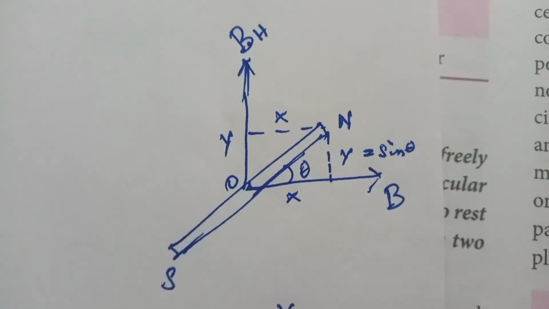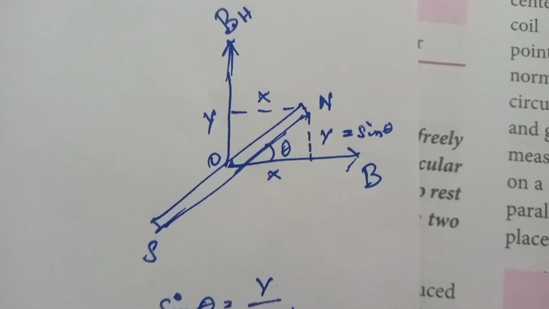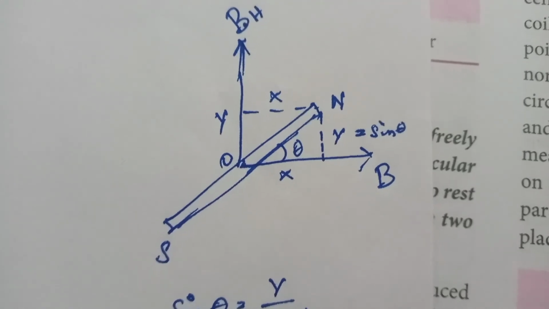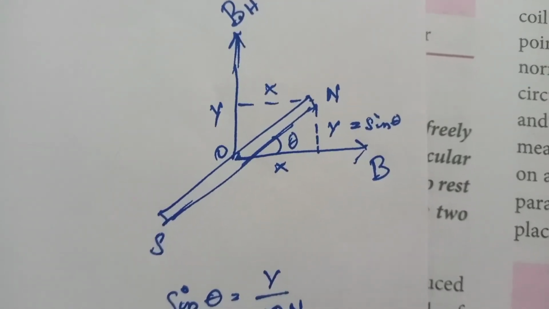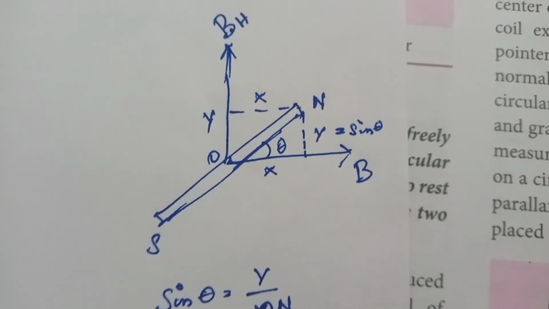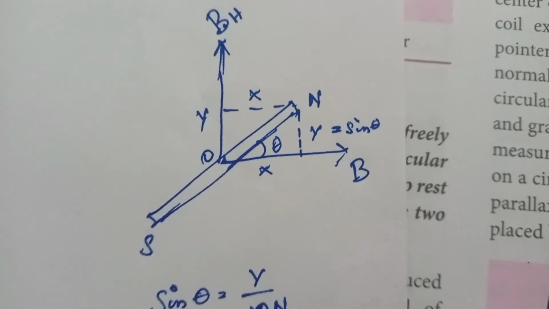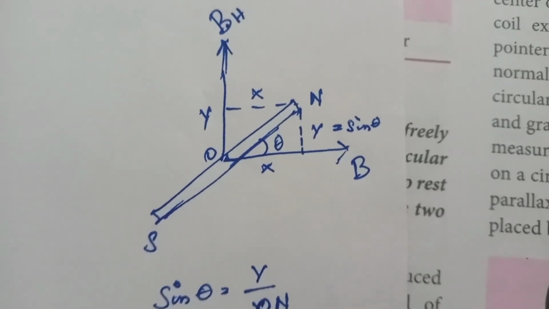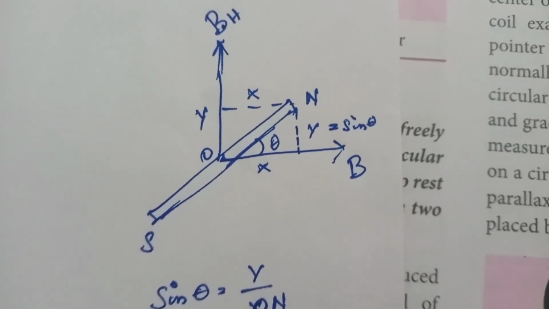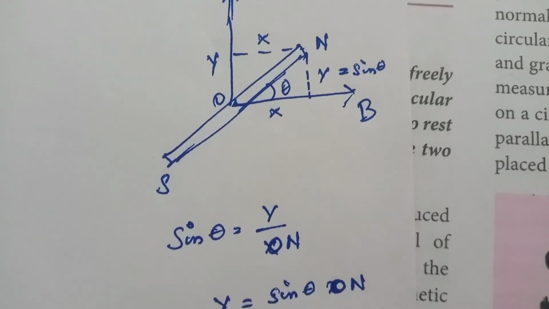Here the components can be divided into two. I have already given the values x and y here. The magnet is suspended and makes an angle theta. Now we consider the triangle O, N, and so on. For that theta, we find the sine value.